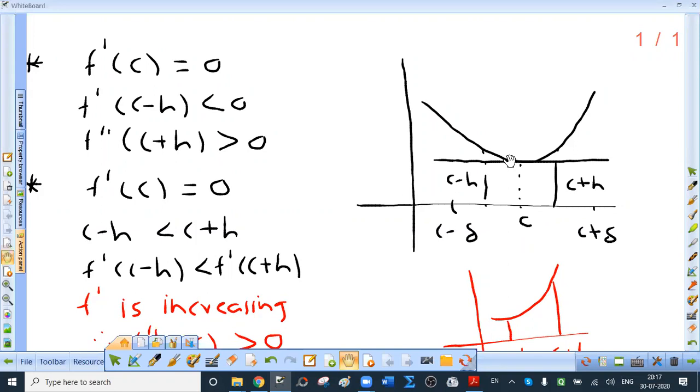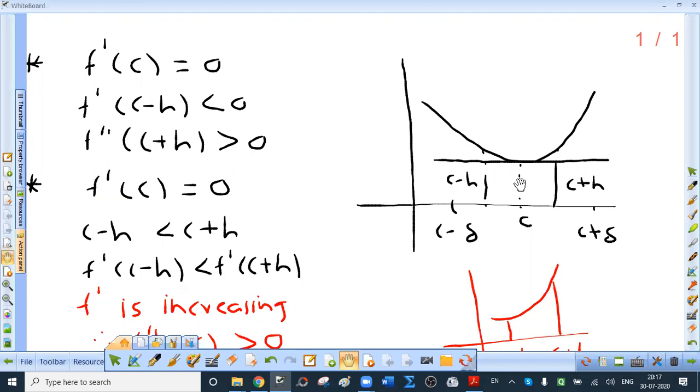A function f is said to have a local minimum at x equal to c if in some neighborhood (c minus delta, c plus delta) of c, the function decreases from the left up to c and increases to the right of c. So in this case also, we will be using two tests. The first one is the first derivative test, and the second is the second derivative test.